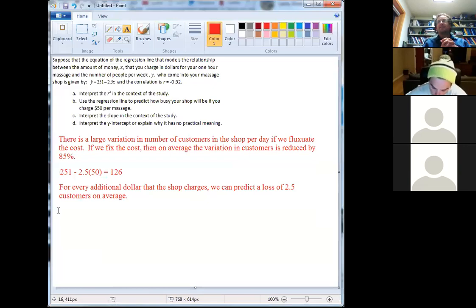Yes or no? So does the y-intercept have meaning in this case? I'm not seeing you all answer. Yeah, it's 251, and is it meaningful?